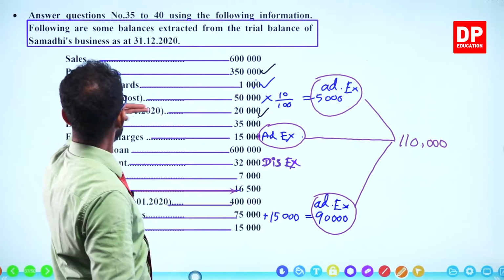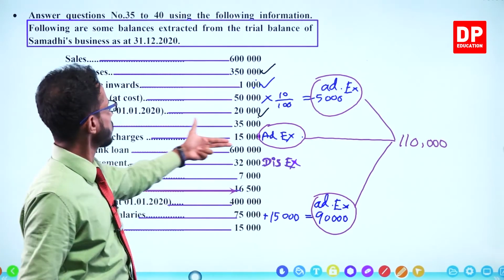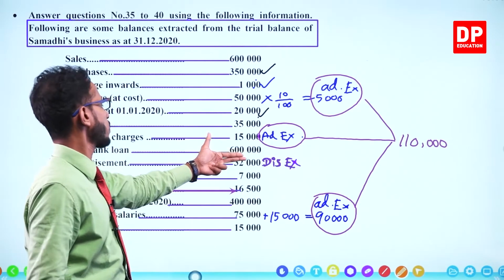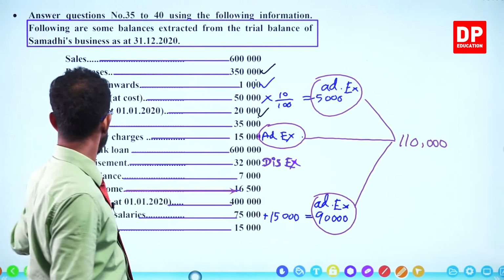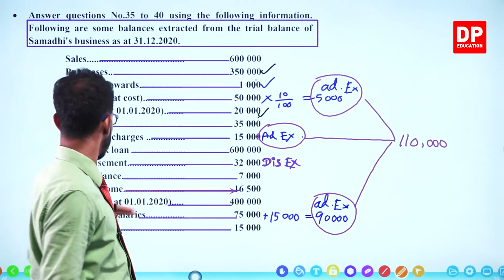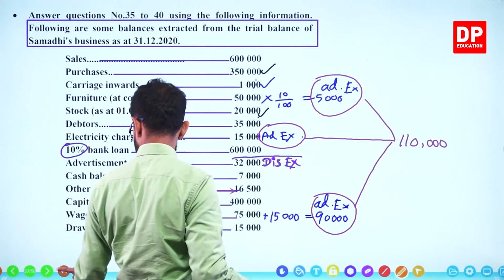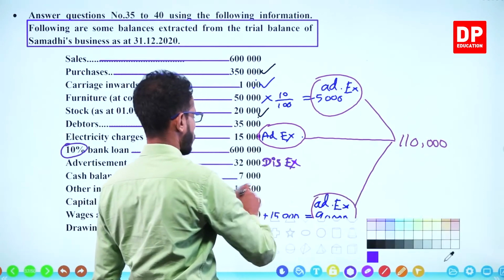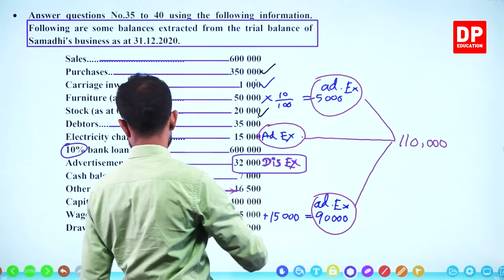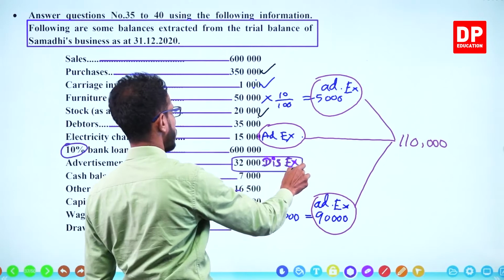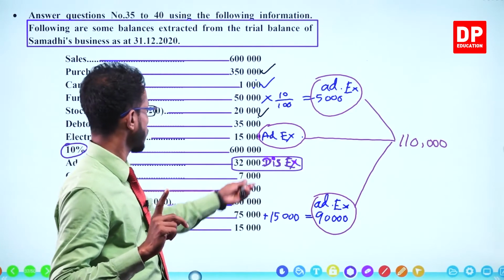Only one distribution expense, and that is it. That is this. Only one. Okay, 32,000.